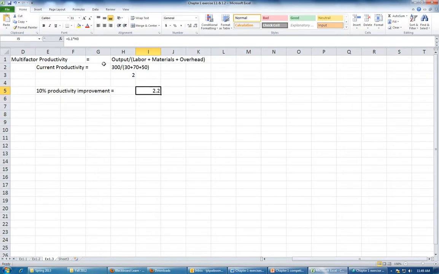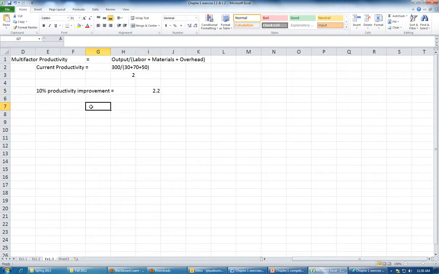So in order to increase to 2.2, the output stays the same at 300, and the input must change. The first one we are going to change is the material, which is the second input in the formula.